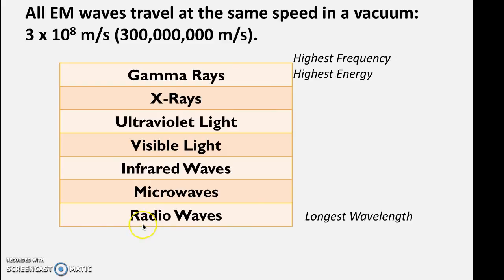The way that your car receives signals to turn on the radio is the same way that your microwave heats food. It's the same reason why you're able to see. Okay, it's the same way that we're able to see through people's skin to their bones. All right, all of these represent the same thing, but down here is where we have the lowest energy, and up here is where we have the highest energy.